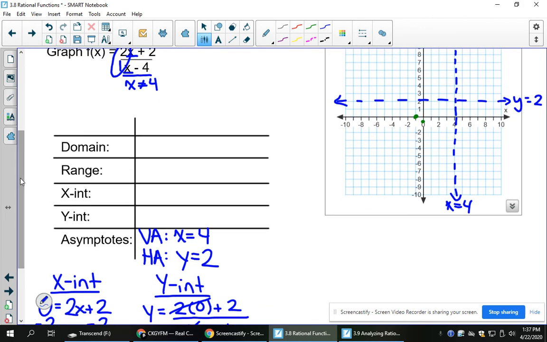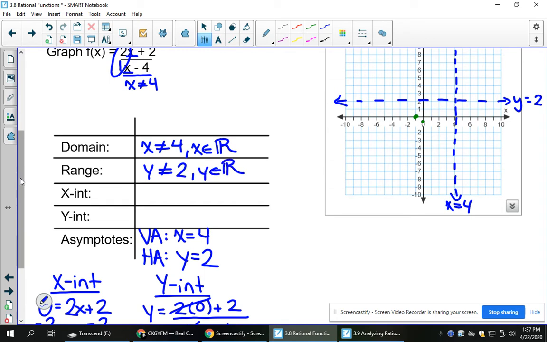We should be ready now to state the rest of our characteristics and give ourselves a sketch. According to my asymptote, x cannot equal 4, that's my NPV and my vertical asymptote, but x is every other real number. Similarly, y cannot equal the horizontal asymptote of 2, but y is an element of the reals.